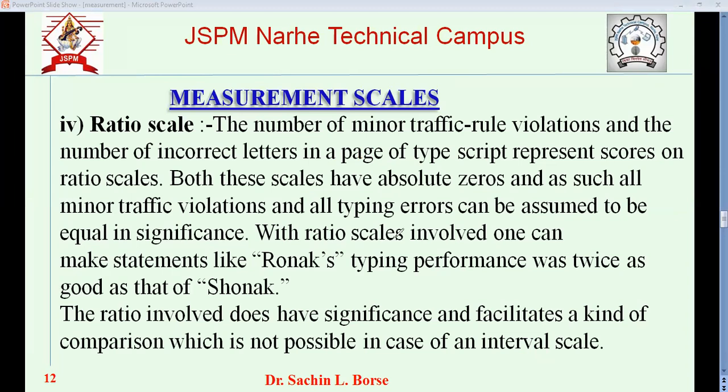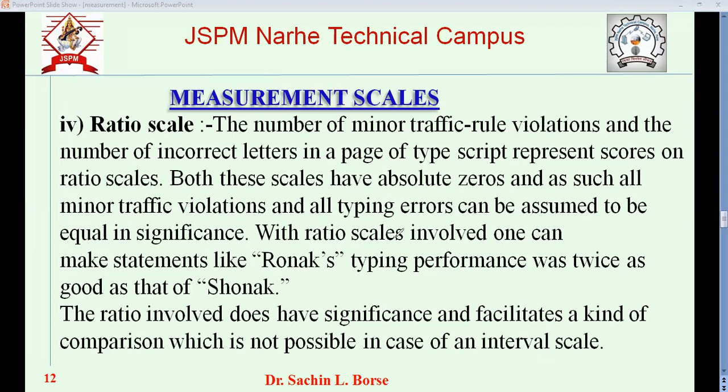Now we'll take a few examples where absolute zero is possible, like the number of minor traffic violations, or the number of incorrect letters in a page which is typed. The number of minor traffic rule violations can be 0, it can be 1, 2, 3, 4, anything. So absolute zero is possible.